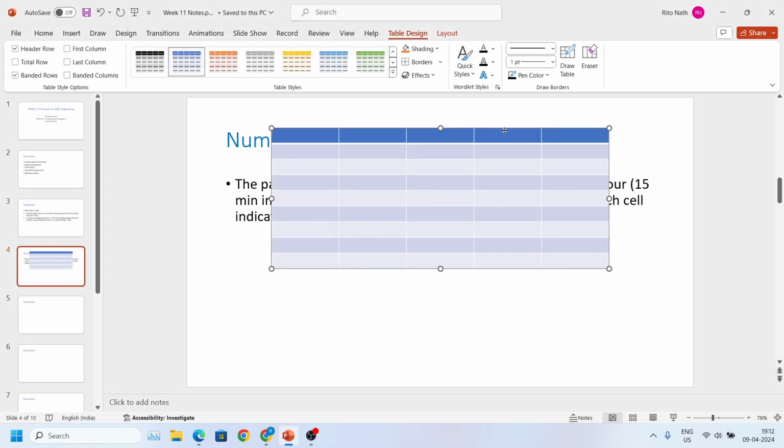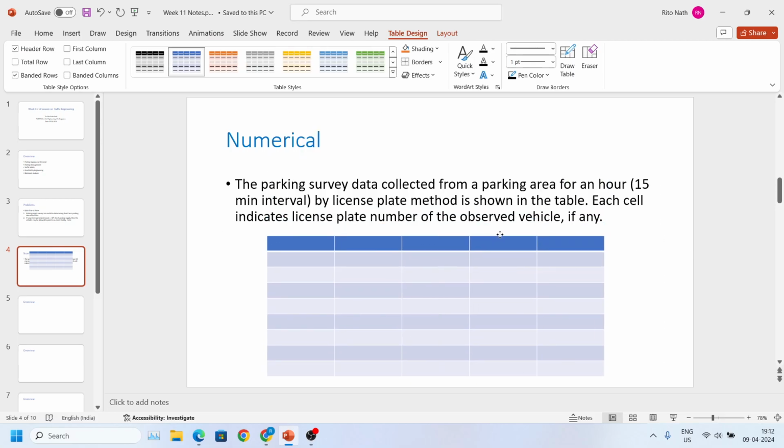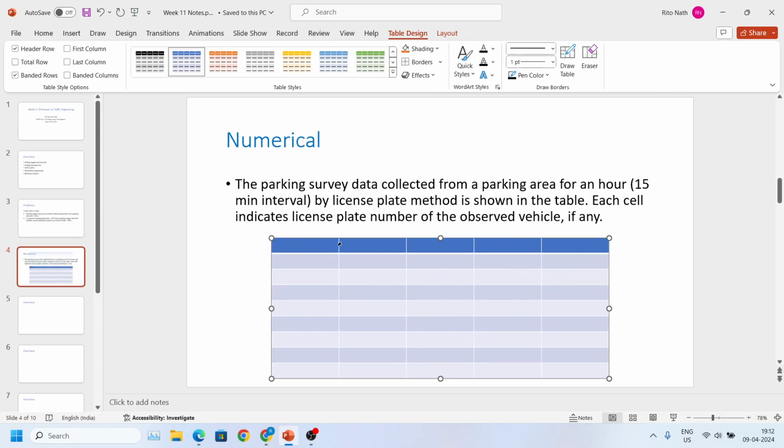Now I'll fill this table. This will be the problem data. This is your bay number, then 0 to 15 minutes, 15 to 30 minutes, 30 to 45 minutes, 45 to 60 minutes.